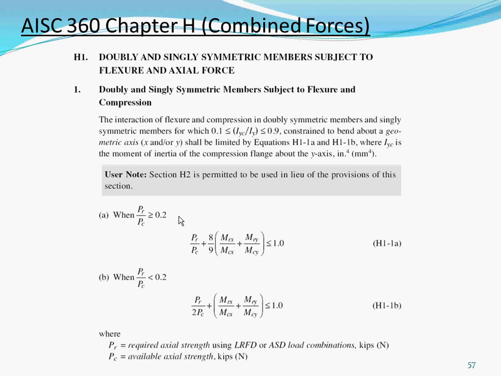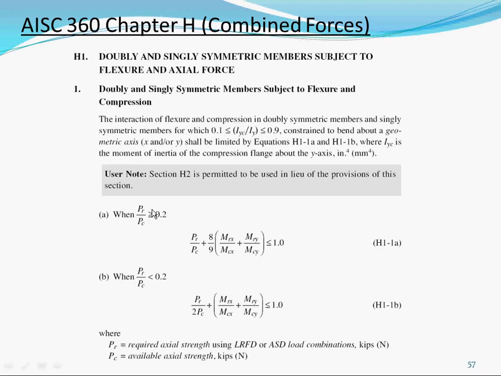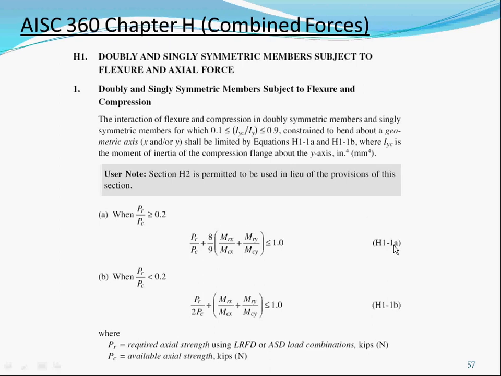You check them each independently, but you also have to check the effects when both of them are together. And sometimes it depends on the axial load ratio. If this one's less than that, then you only worry about half of the axial load with your moment. If the axial load is more than that, you consider the whole axial load, but you only consider 8/9 of the moment demand. So that's the two, H1 and H2.